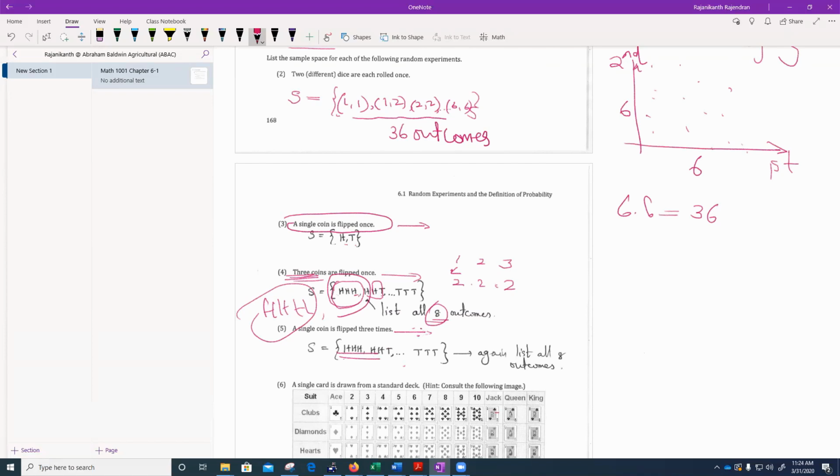Again, you will have 3 components, right? But the explanation is different now because in problem number 4, you have to explain like that: the first coin heads, second coin heads, and third coin heads. But here, first time heads, second time heads, and third time also heads, right? Same answer, but different explanation. Again, you will have 8 outcomes here also, right? So there are 8 outcomes.